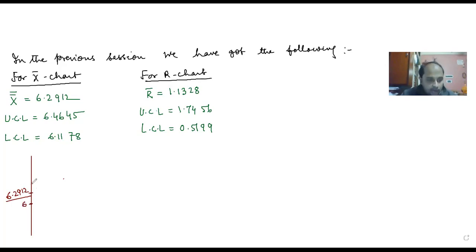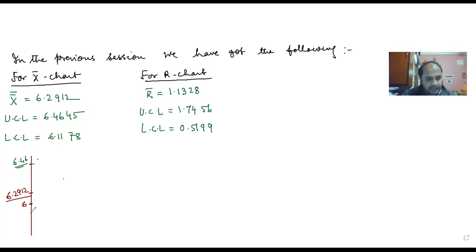Okay, so you just measure and move upward and find approximately the point which is 6.46, and below somewhere you find your point.